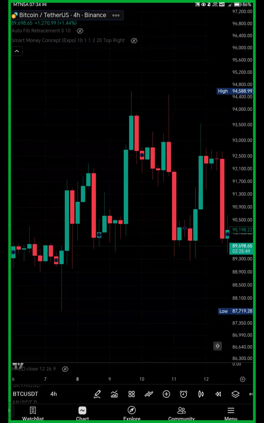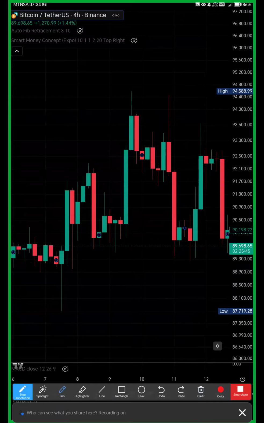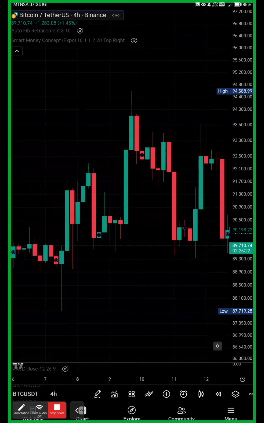These candles are almost the same size. Where they are closing, it cannot be an engulfing bar. Which one is engulfing which one here? All of them are the same size, so this is not an engulfing bar formation.